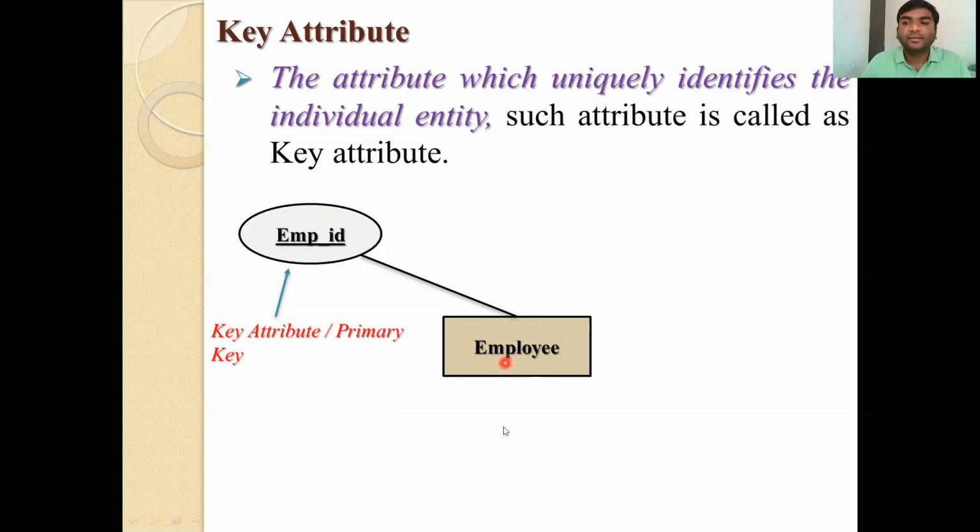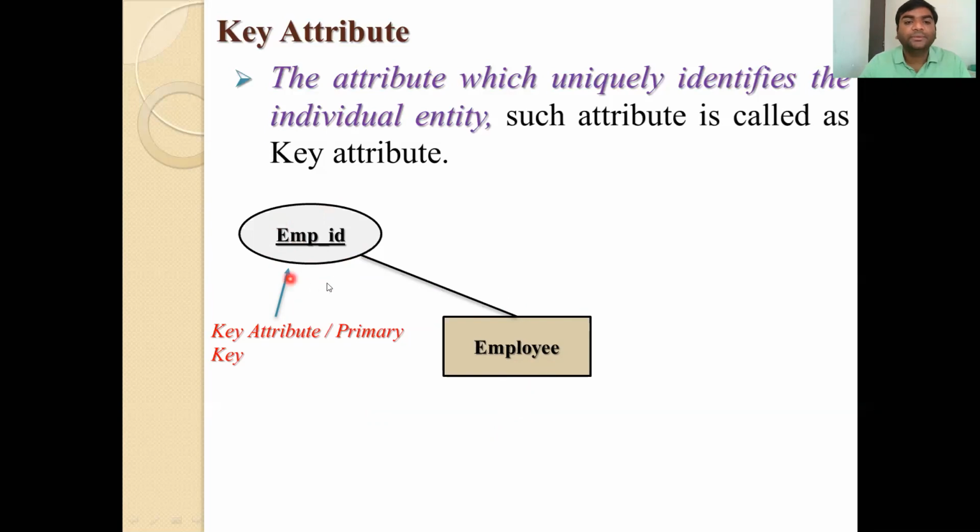If there are 1,000 employees in that industry, a lot of employees may have the same name, so you cannot identify them by name. For that purpose, each employee has a unique ID, known as the employee ID.